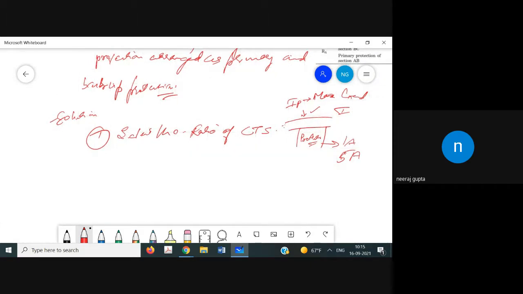Now, the next step is that we have to decide the setting of the relay.